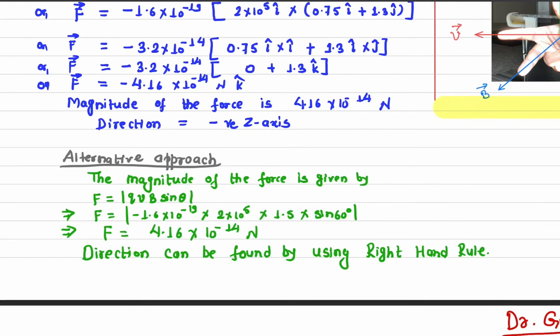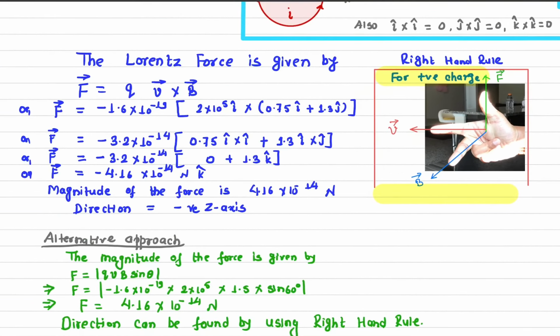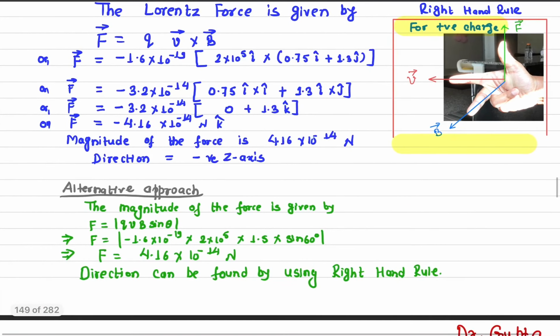But now you have to use the right hand rule in order to find the direction. The right hand rule tells you to align your index finger along the direction of velocity and your middle finger in the direction of the magnetic field. Then your thumb represents the force direction. If you use it, you again find the direction is along the negative z-axis.